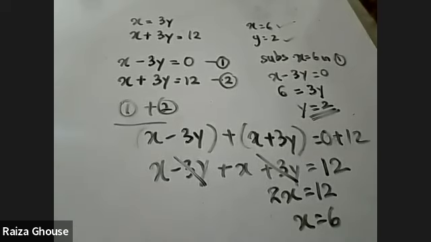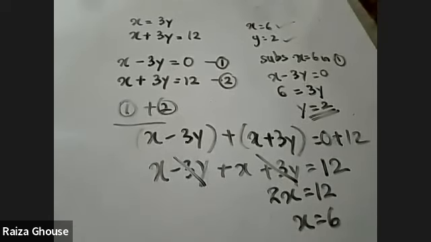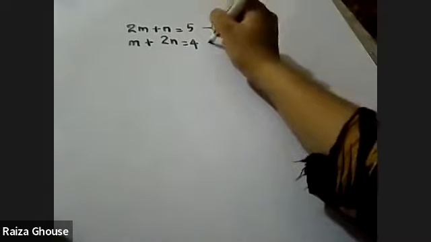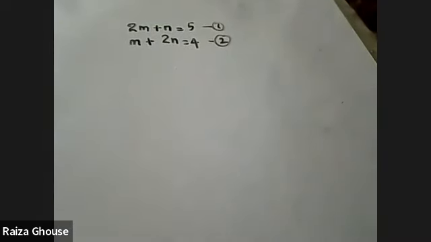Right, now we'll go to the next question. What is the next question? Sabana, send your answer for the next question. Third one, part C. Right, in this case, you can see different coefficients here.